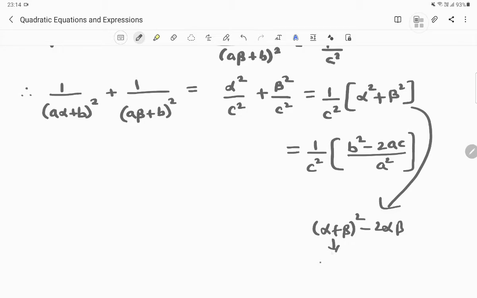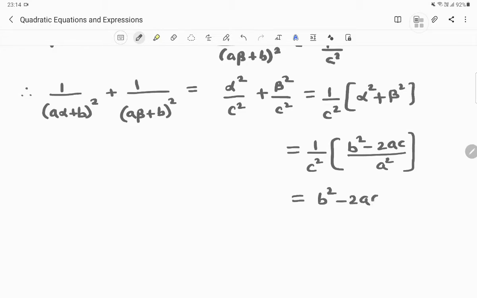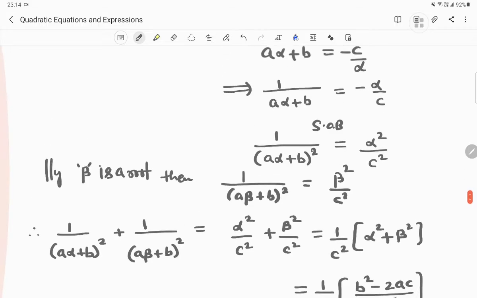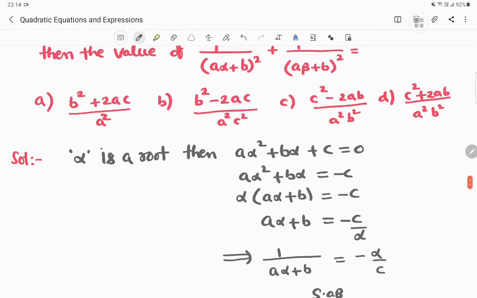In place of alpha plus beta put minus b by a, and alpha beta value is c by a. Substitute and simplify, you will get b square minus 2ac by a square. I hope everyone understands. So (b square minus 2ac) divided by c square a square is the required one. It is there in the second option.